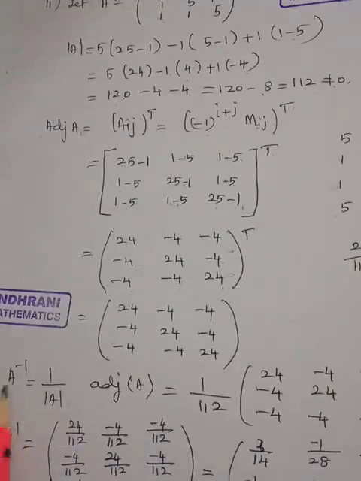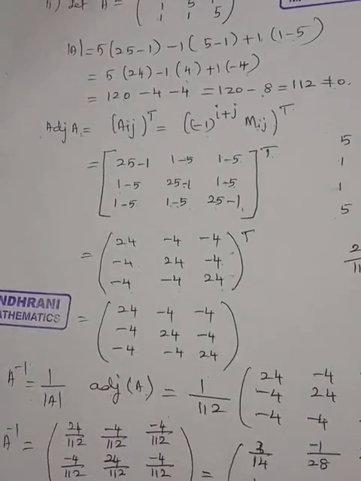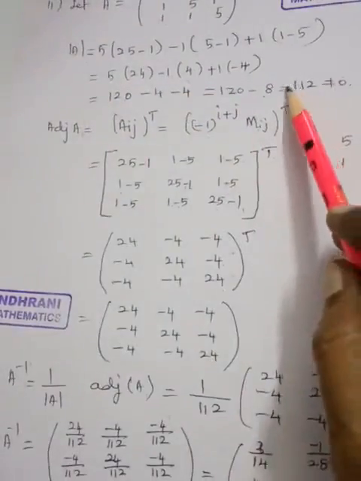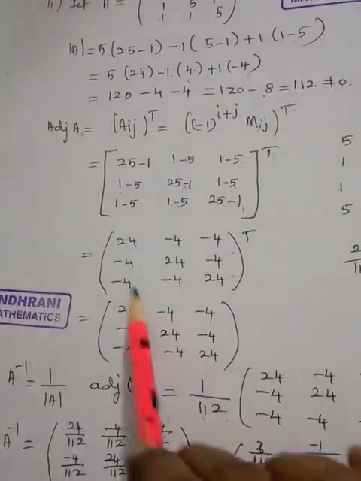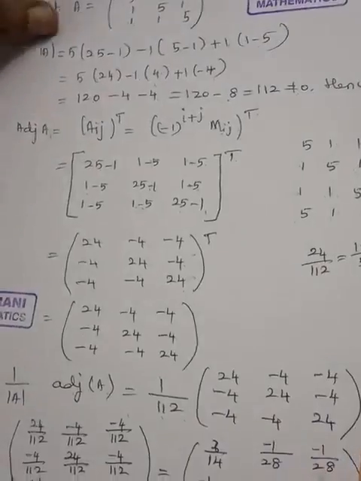Now we want to find A inverse. A inverse is equal to 1 by determinant A into adjoint of A. We calculated that the determinant value is 112. Substitute it: 1 by 112 into the adjoint.